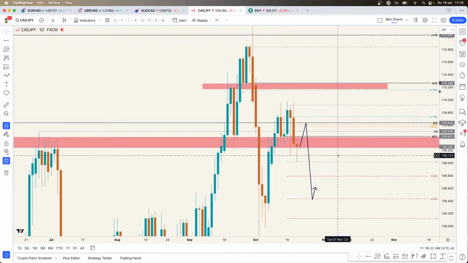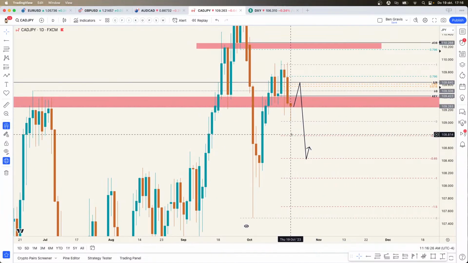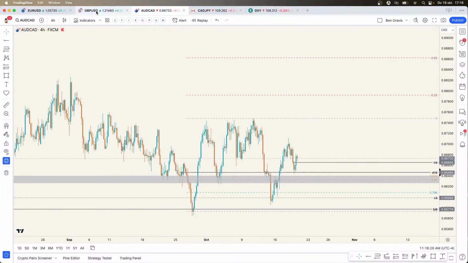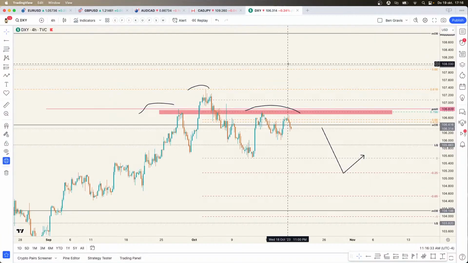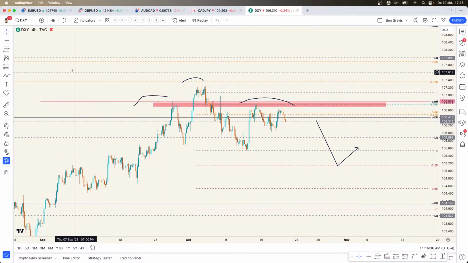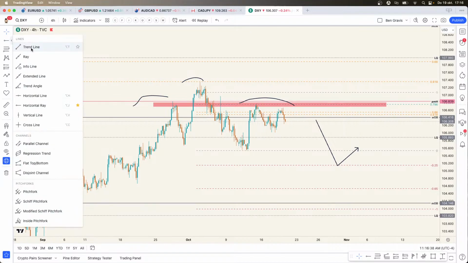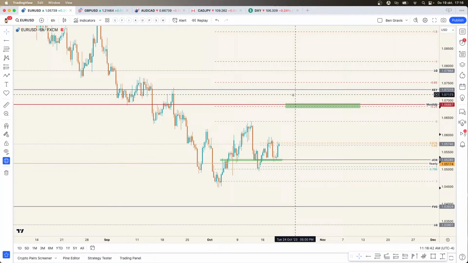Yeah, I'm really looking at this short here. So as tricky as it is, I'm still seeking that short on the dollar and Euro USD to continue towards my monthly level.